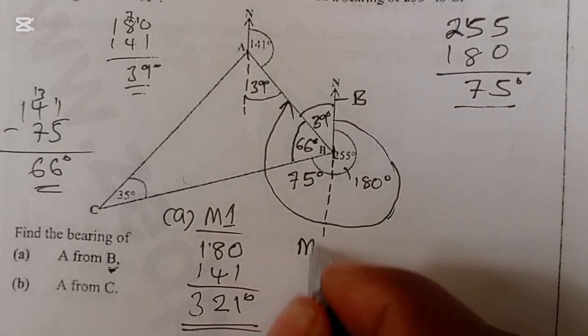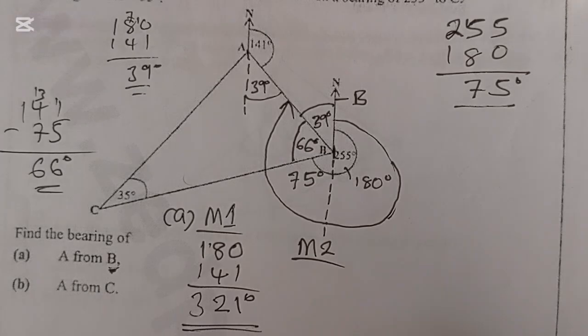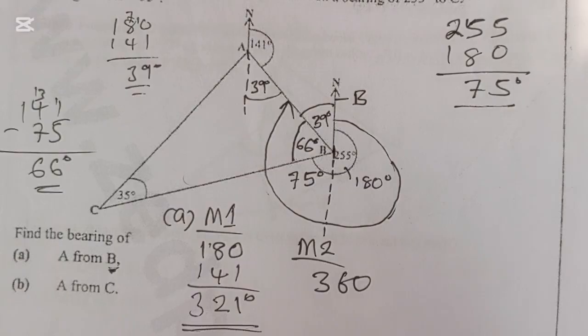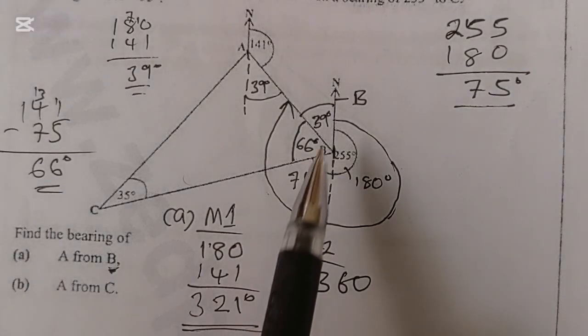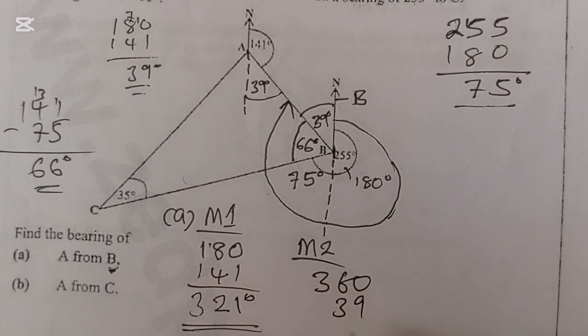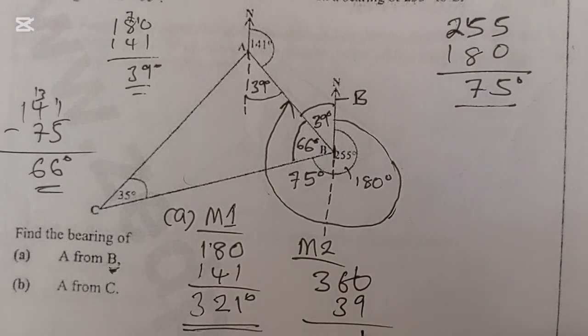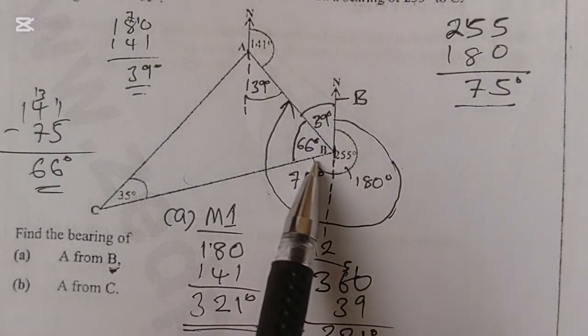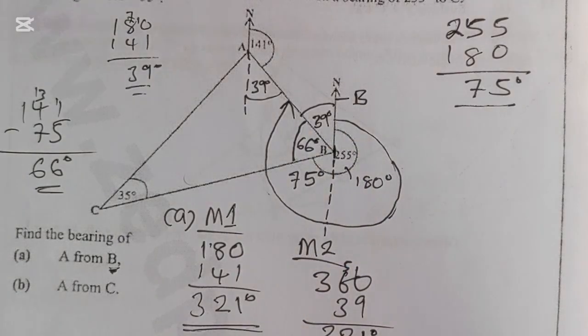Or method two, we can safely say 360. Remember a full turn is 360. So 360 minus this 39, which we do not want, which is not part of the angle we are looking for. So 39. This is 10, we are going to have 1. This is 5, we are going to have 2. So 321 degrees. So that is the answer. Or you can say 255 plus this 66. The answer is going to give us the same.